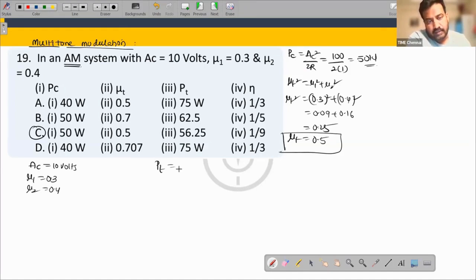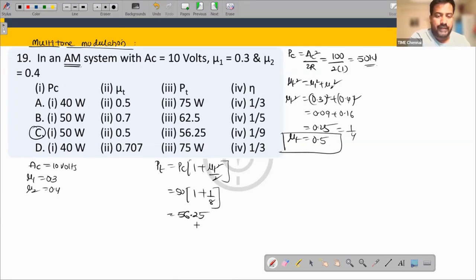PT is PC into 1 plus mu t square by 2. 50 into 1 plus 0.25, which is 1 by 4, by 2 is 1 by 8. So this is 56.25.